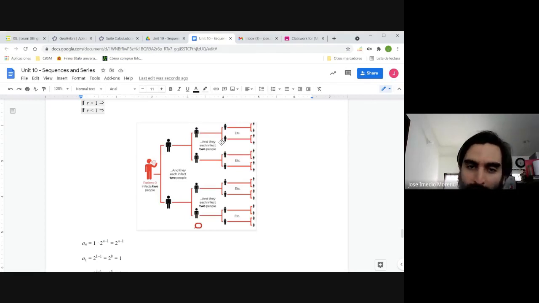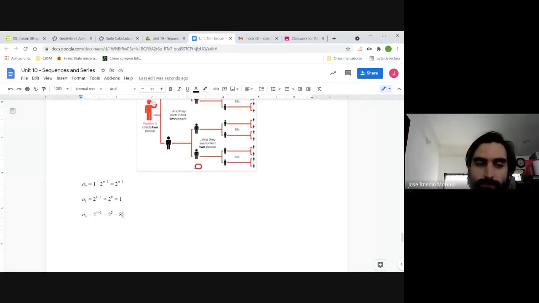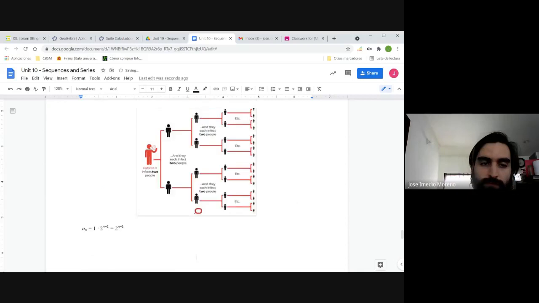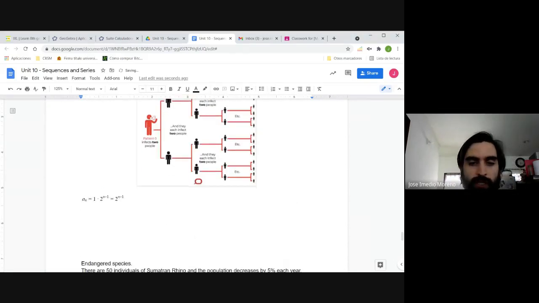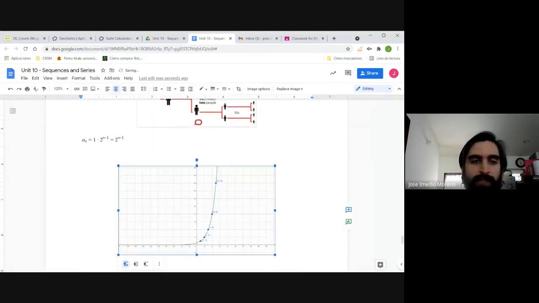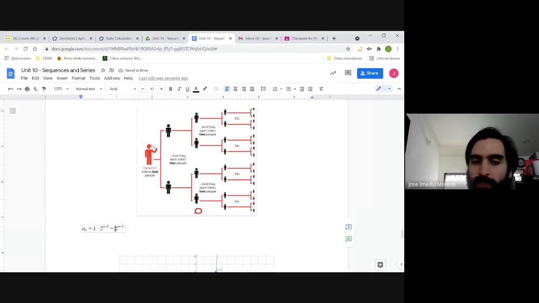This guy here will infect two more, this guy here will infect two more, and so on. So how can we express this by using geometric sequences?